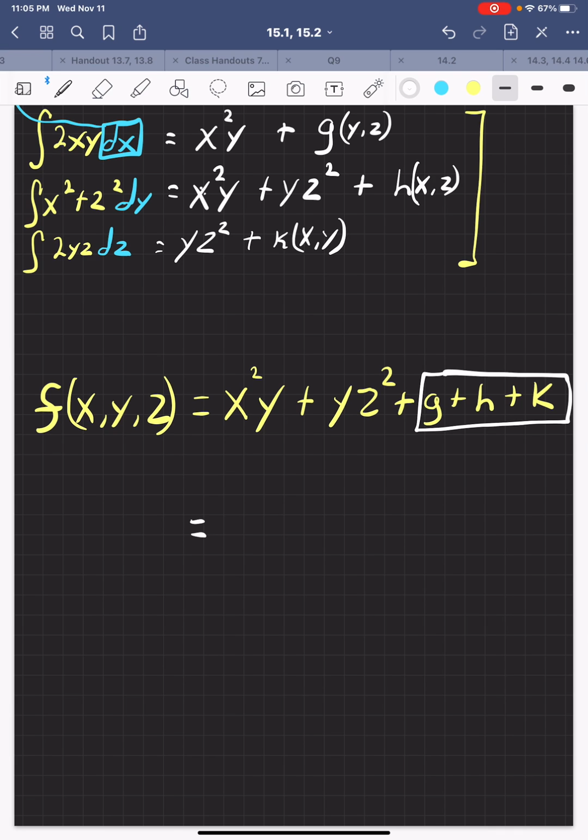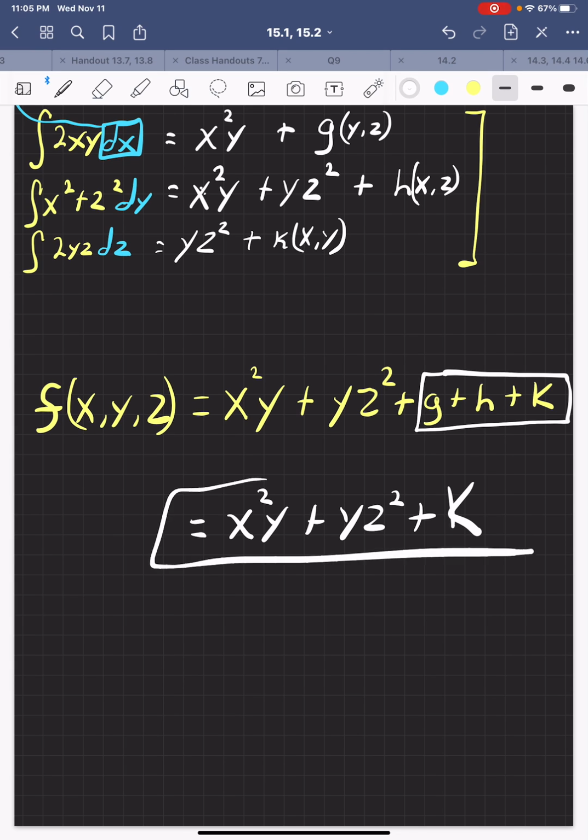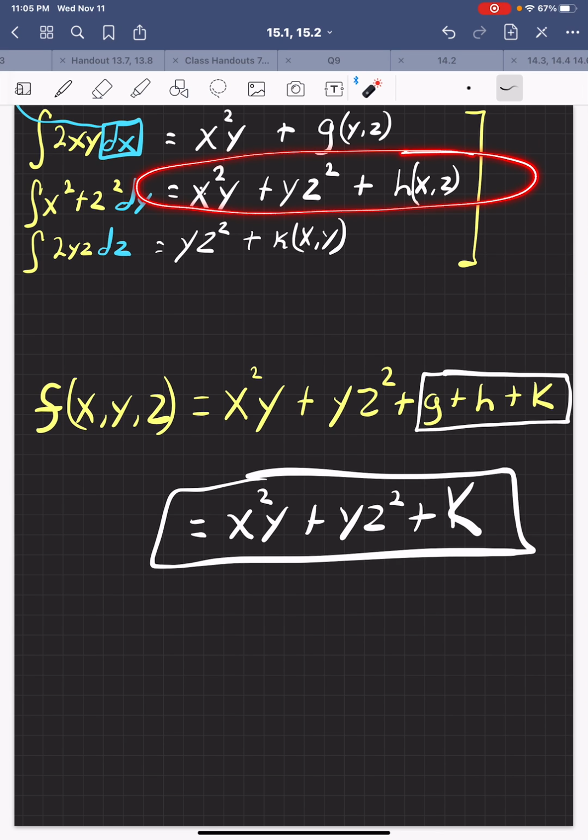So it ends up looking like x squared y plus yz squared plus, and they would probably use a capital K. The way they do that is they would set these equal to each other, and then you would have g equal to yz squared h.